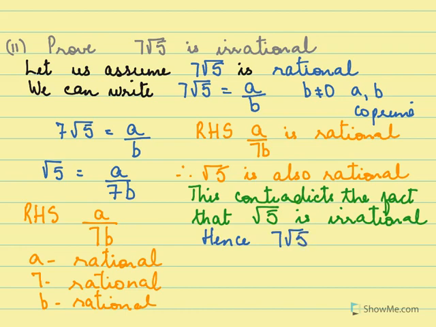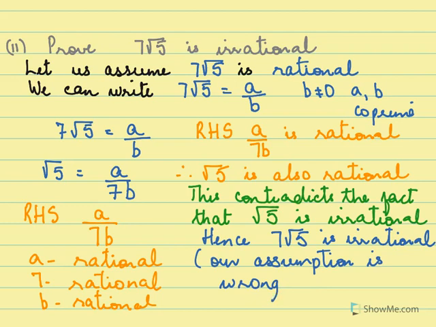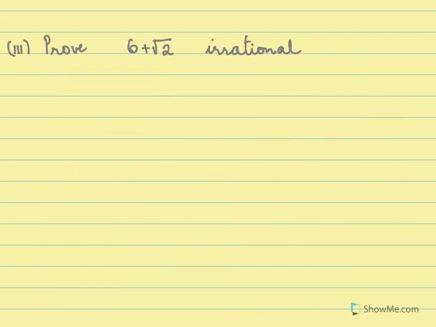Hence, we can say 7 under root 5 is not rational. 7 under root 5 is irrational. This contradiction happened because the assumption is wrong. What was the assumption? The assumption that 7 under root 5 is rational is wrong. It must be irrational.